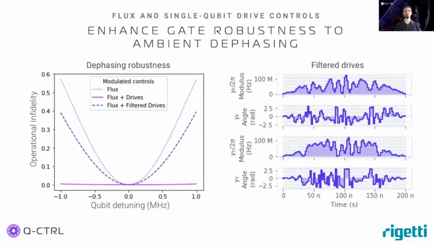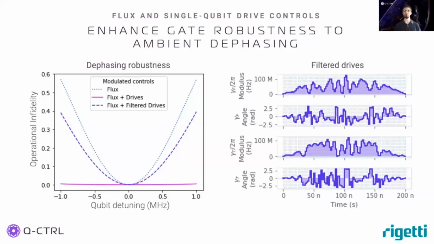When we have the additional control knobs provided by the single qubit drives, we can also introduce robustness to different noise sources. Here we show that adding the single qubit drives greatly increases robustness to ambient dephasing noise. This can be seen in the left-hand figure, where the flat, low infidelity region shows the robustness provided by these controls over a quasi-static scan of detuning for both qubits.